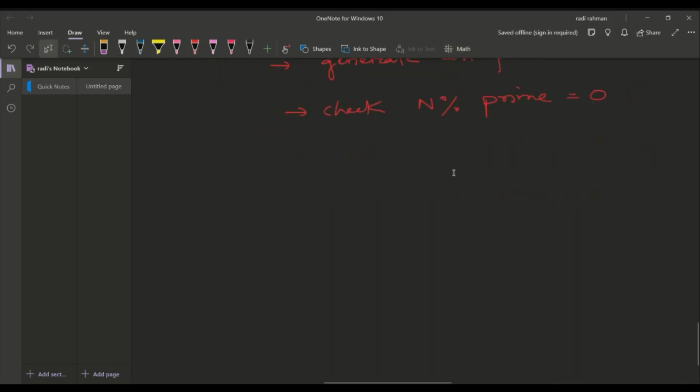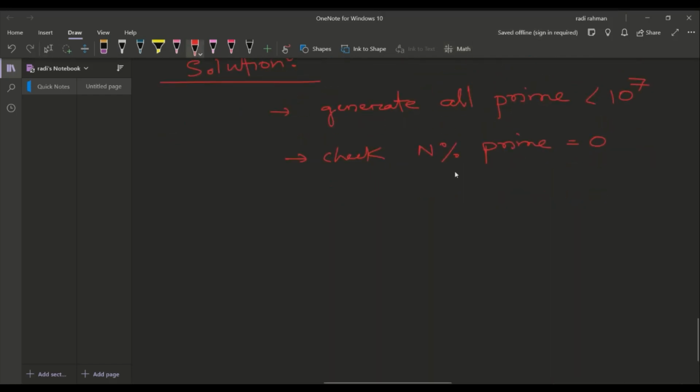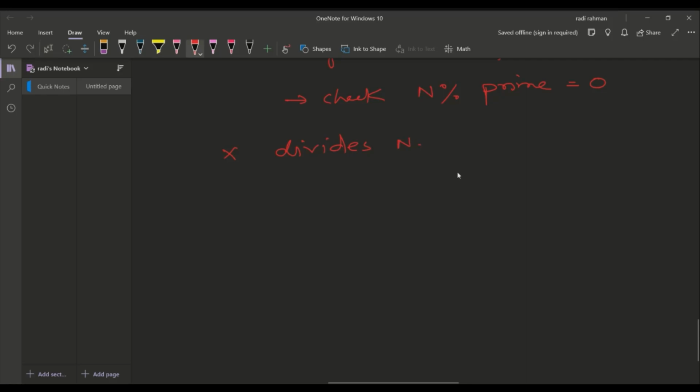So suppose you have found an x, and that x divides n, right? So suppose you have found a prime number less than 10 to the power 7, which is x, and x divides n, right? So this x can be p, or this x can also be q, right?